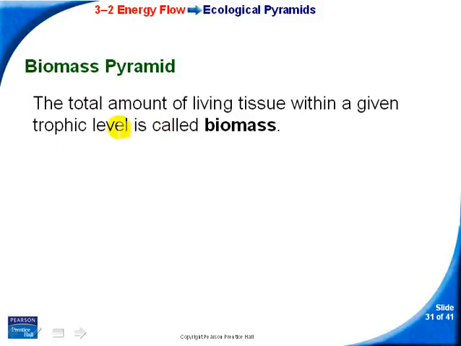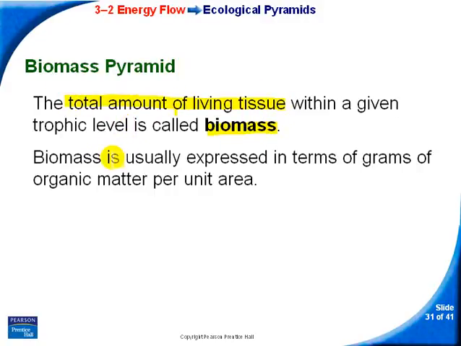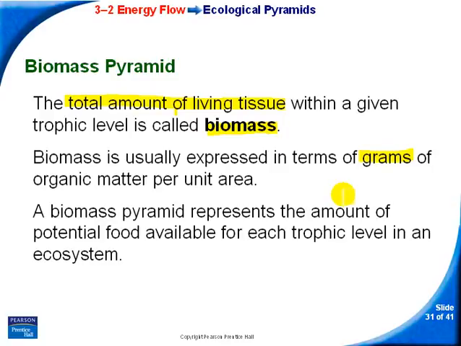Now let's go back to the biomass pyramid. The biomass pyramid is the total amount of living tissue, and usually it's expressed in terms of grams, which is, if you put them all on a scale, measuring the mass of the organic matter. The biomass pyramid represents food available for each trophic level in an ecosystem.